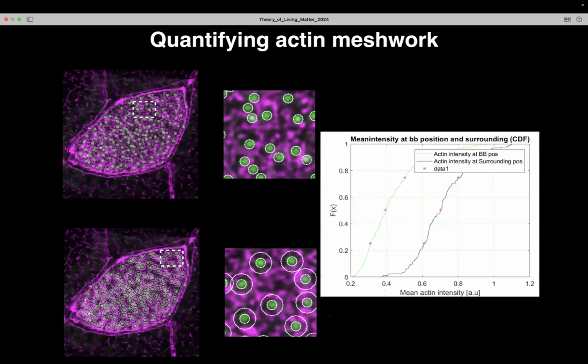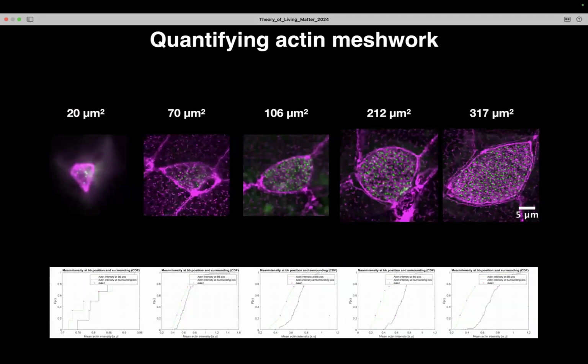Now to quantify this reorganization of actin network, basically the formation of an actin ring around the basal bodies, we use the CDF, the cumulative distribution function, to quantify how easy it is to find this actin ring around the basal body as we move in time, or in that case, as we expand the apical domain.